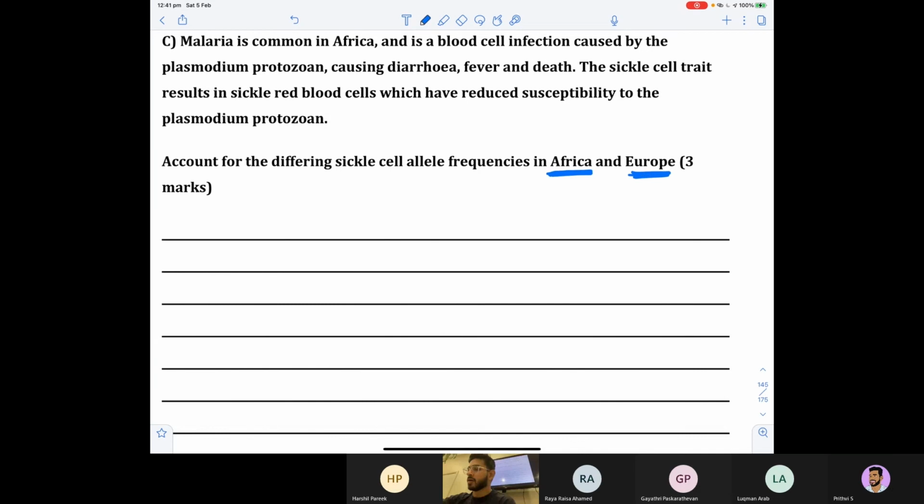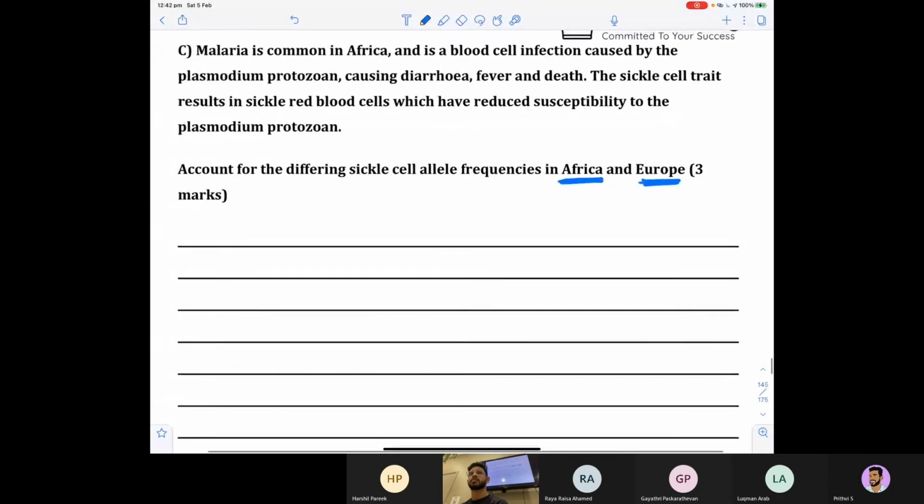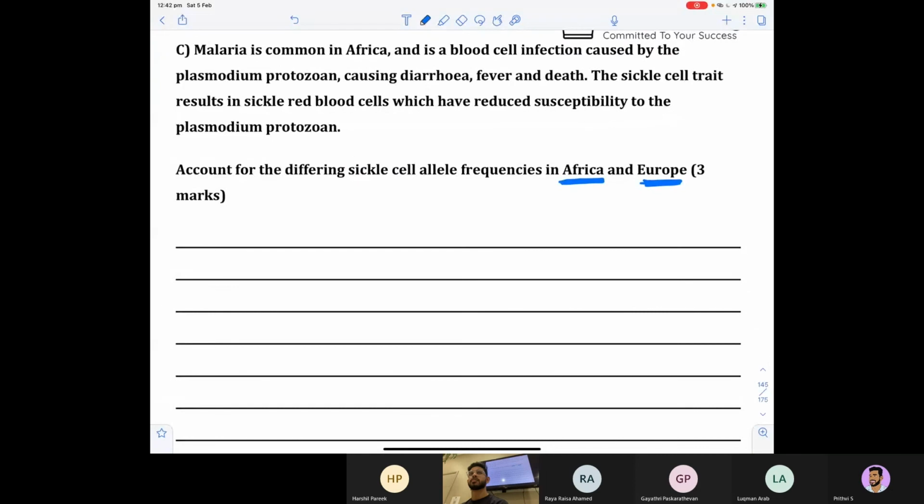This is a real life case. The question is: can you account for the differing sickle cell allele frequencies in Africa and Europe? Quite literally this. Where do you think sickle cell disease would be more frequent? In Africa, Europe, and why?